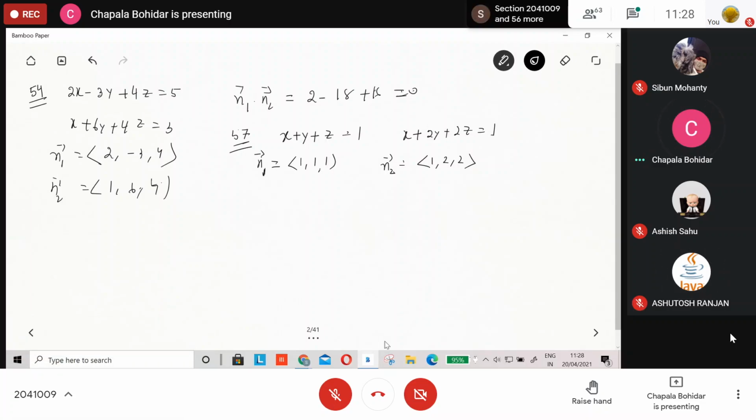So here, first, what is the problem? Find the parametric equation for the line of intersection of the planes. To find a point on the line L, first we consider the XY plane.